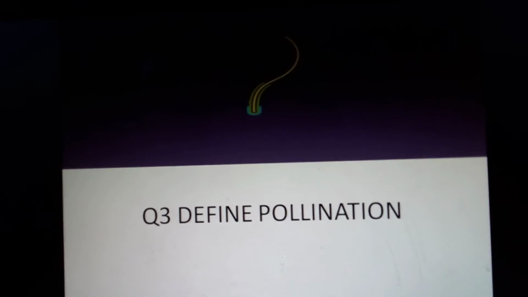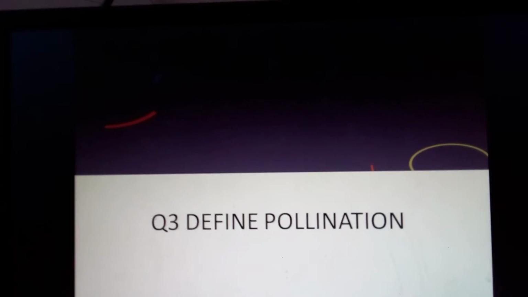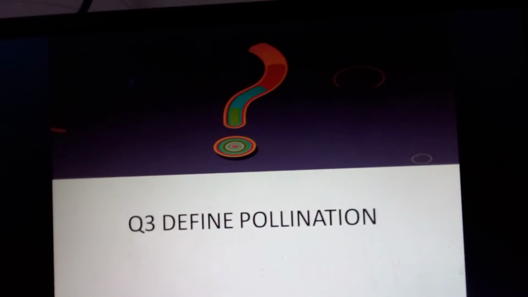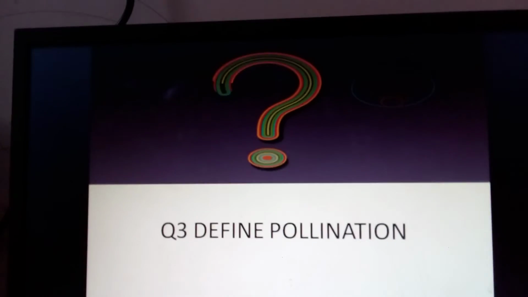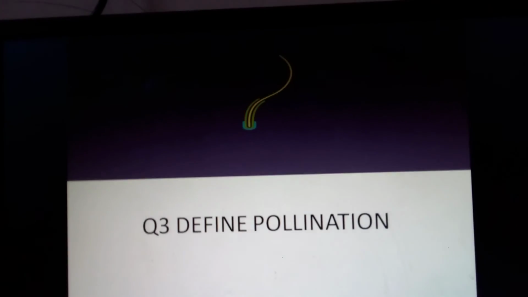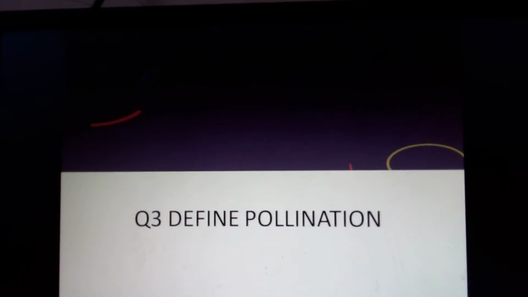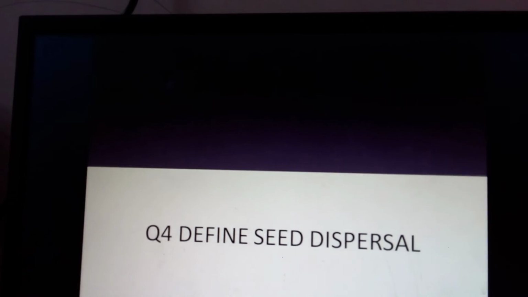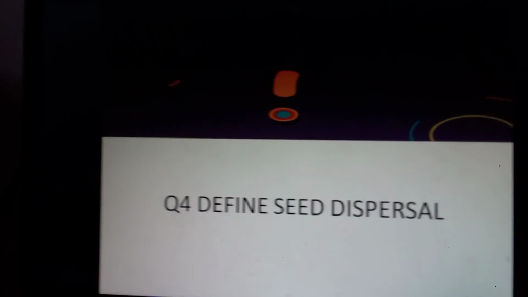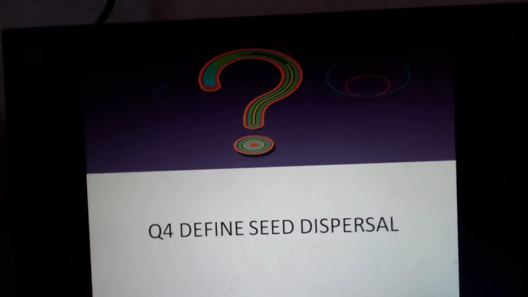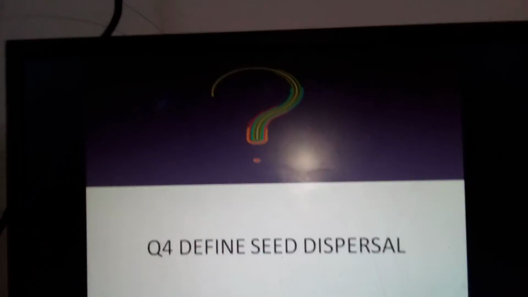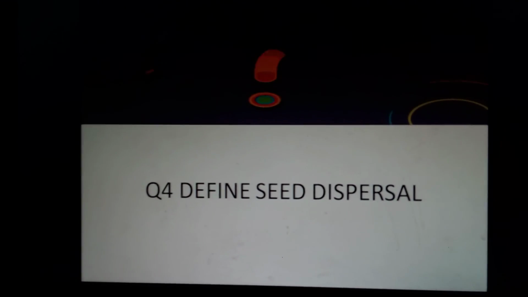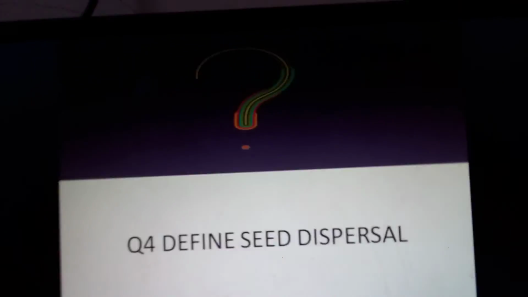Question number 3 is define pollination. Question number 4 is define seed dispersal. You should tell me your own views in the comments below.